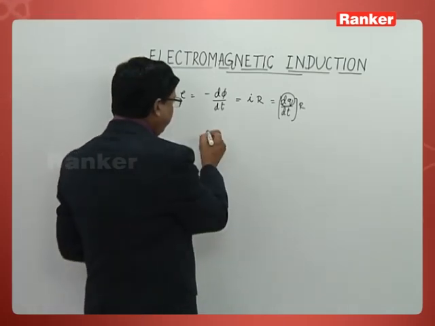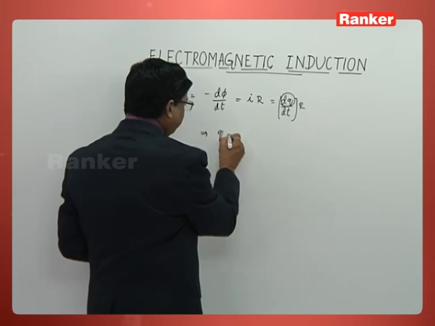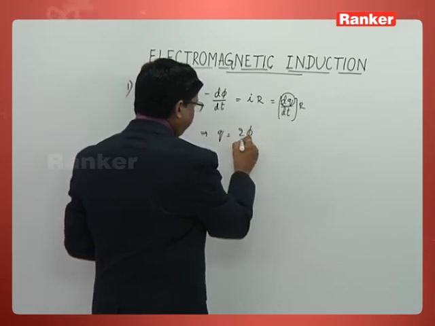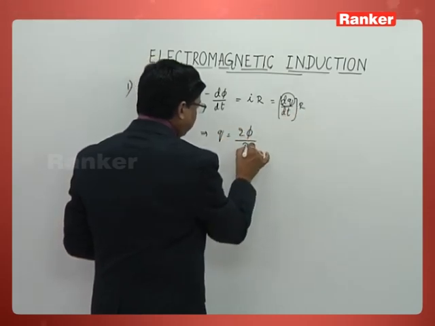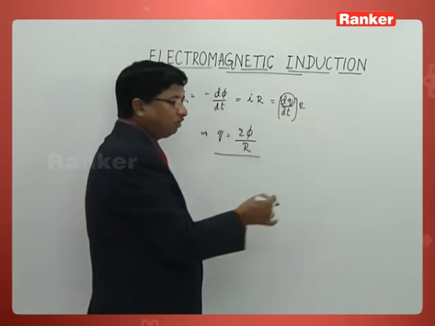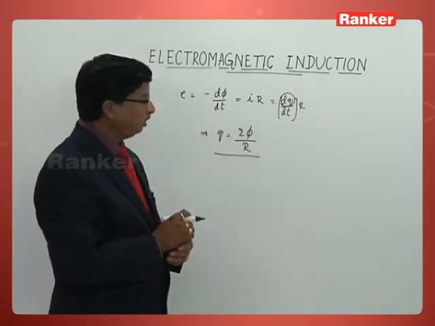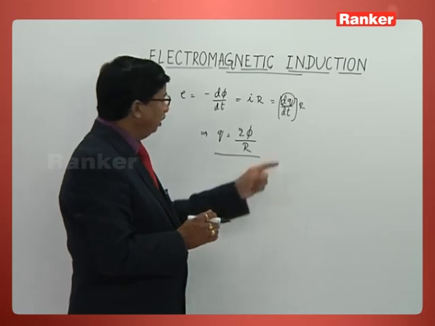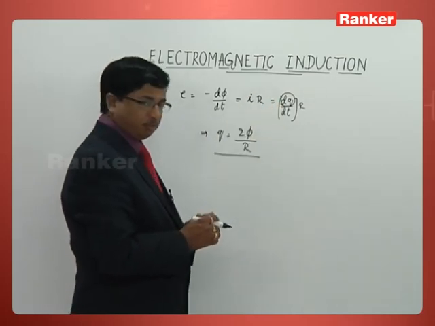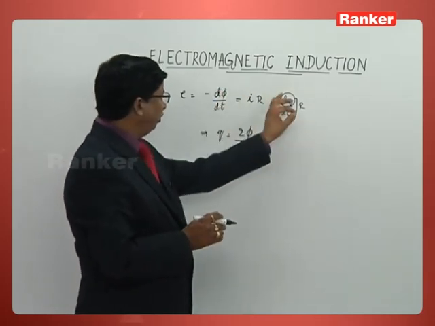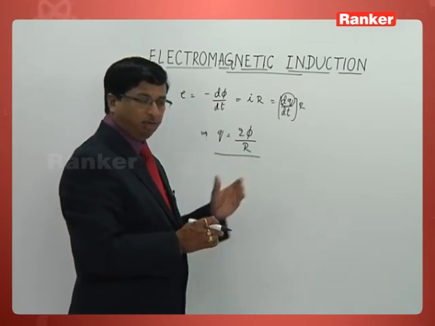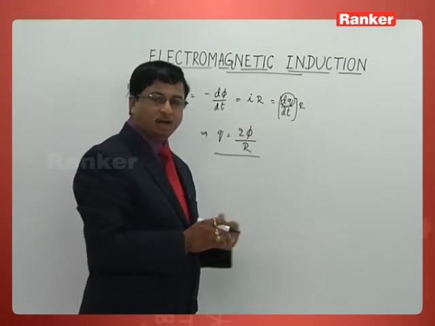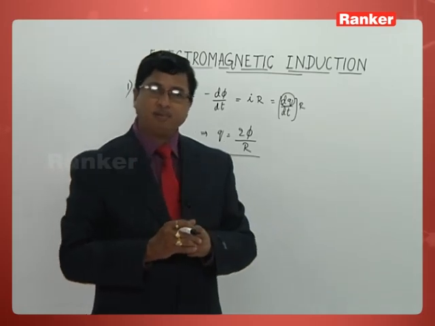So what will be the value of charge here? It's twice phi by R. That is the concept you need to understand. I once again repeat, when we talk about charge, no doubt it is phi over R, where phi is magnetic flux and R is the resistance.